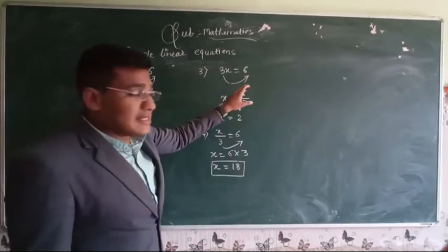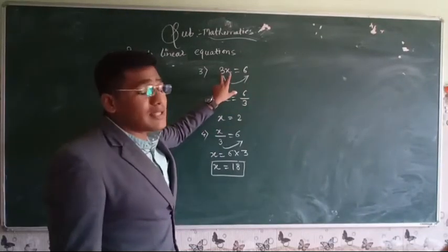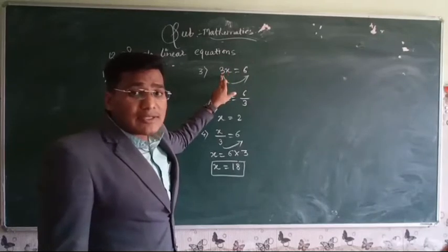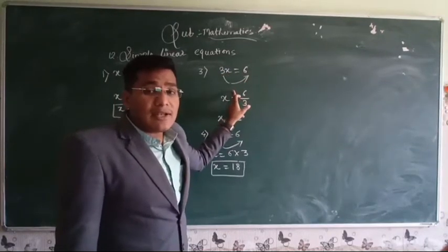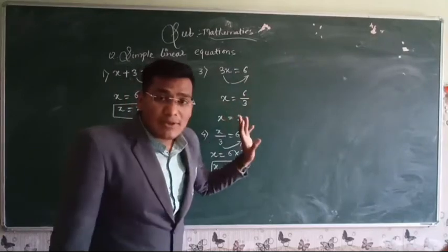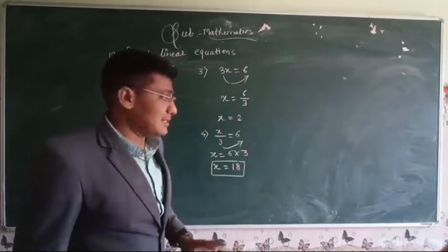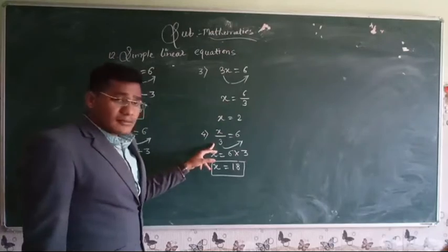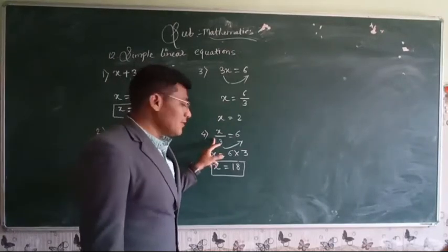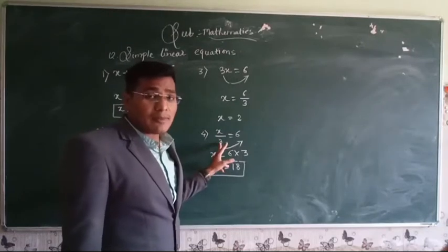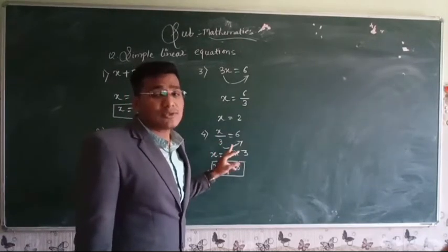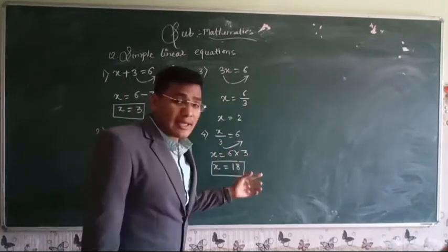Next, any value which is multiplying a number or variable, whenever it goes from LHS to RHS or from RHS to LHS, the multiplied value is divided. And the last rule: any value which is dividing a variable or any value, whenever it is transferred from LHS to RHS or from RHS to LHS, it multiplies, as you can see in these given examples.